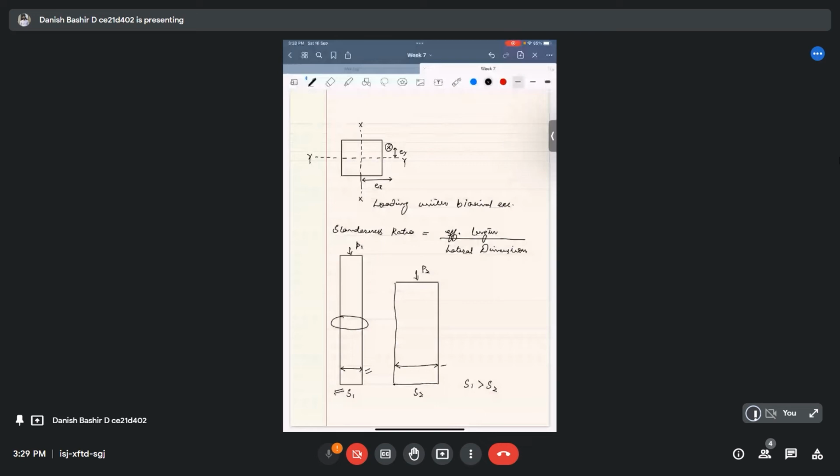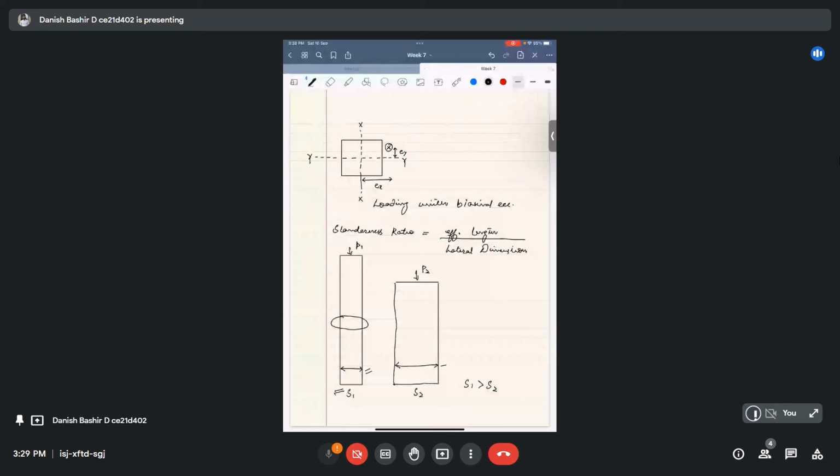So there is a provision given in the code that 25.2 says that a compression member can be classified as a short column if its slenderness ratio with respect to major principal axis as well as minor principal axis are both less than 12.